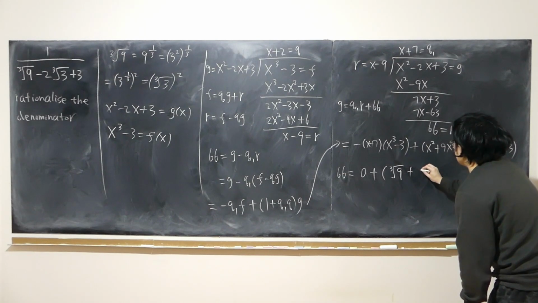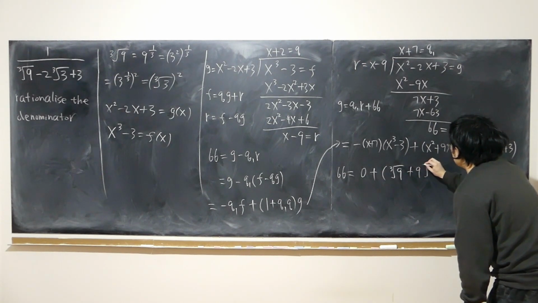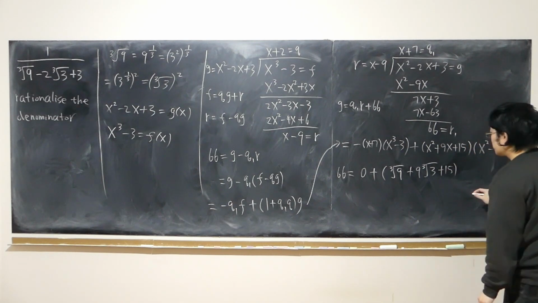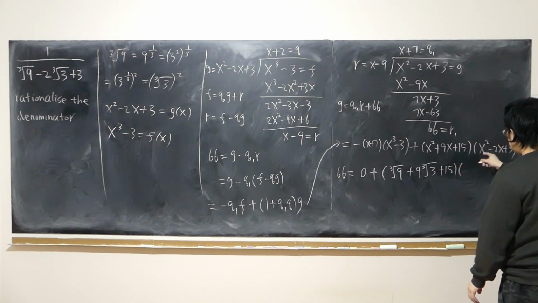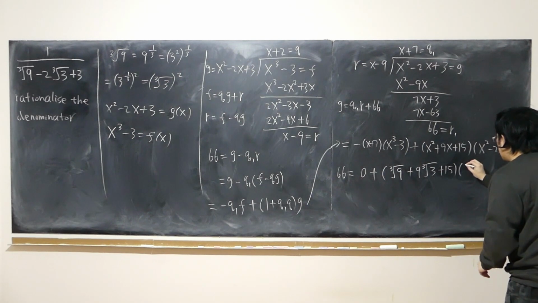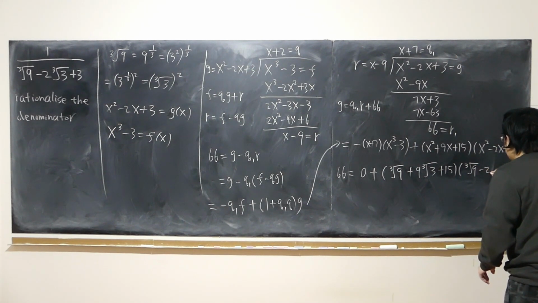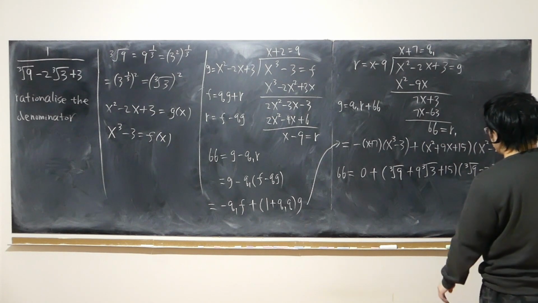Plus 9 times the third root of 3, plus 15, times, again, the same thing, the third root of 9 minus twice of the third root of 3 plus 3.